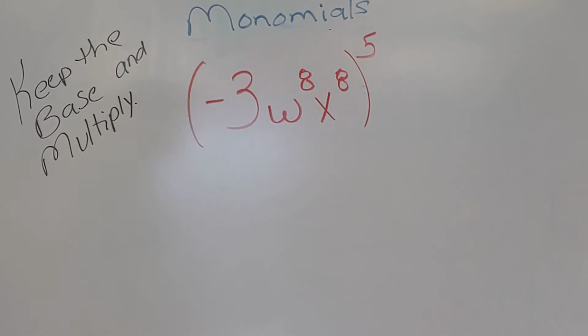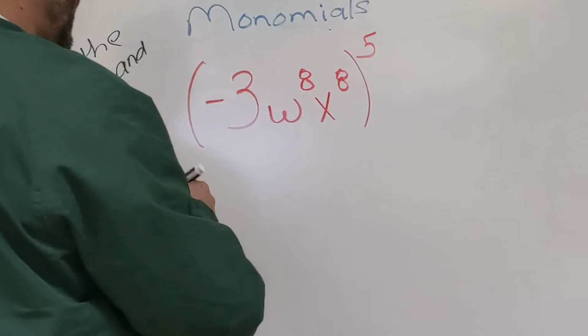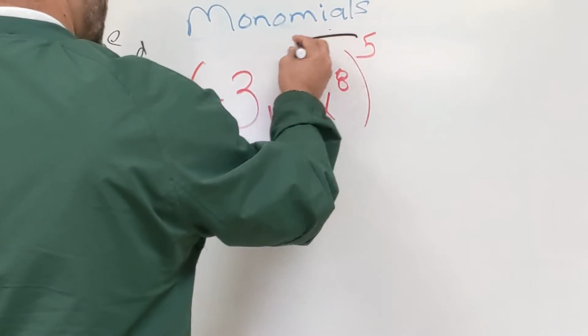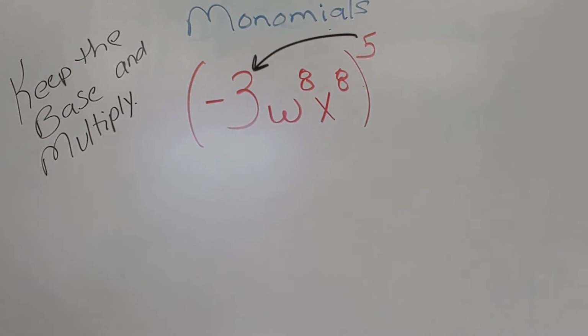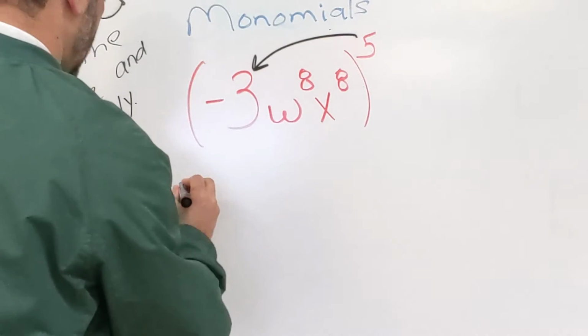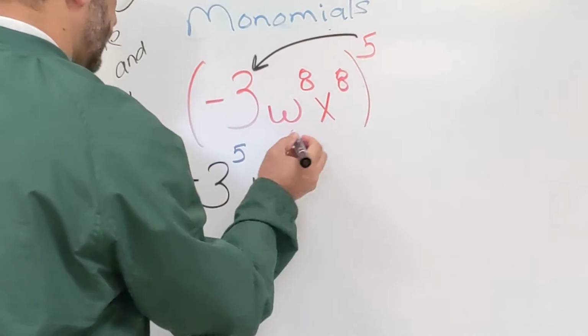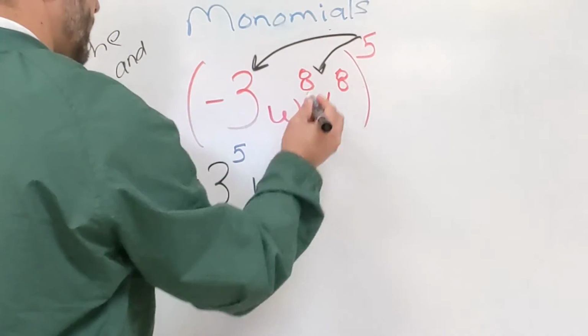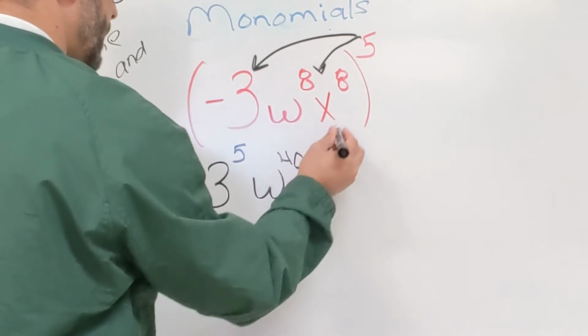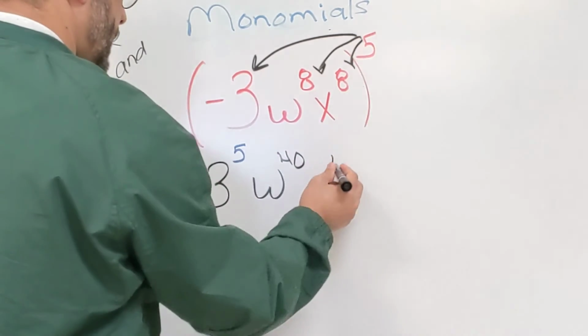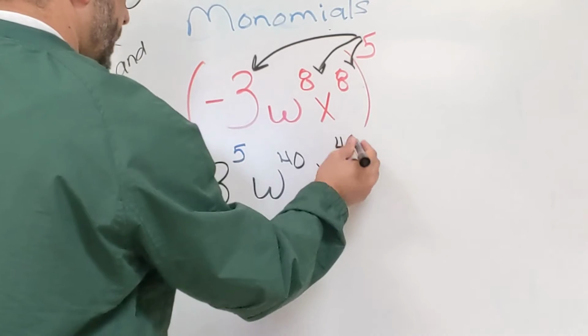So I'm going to do the same thing. I'm going to keep my base. I'm going to distribute this exponent. I'm going to keep my base and multiply exponents. So that gives me -3 to the 5th, w to the 40th, and x to the 40th.